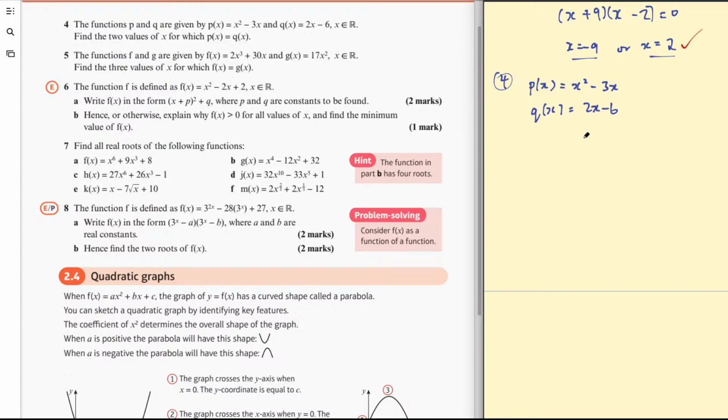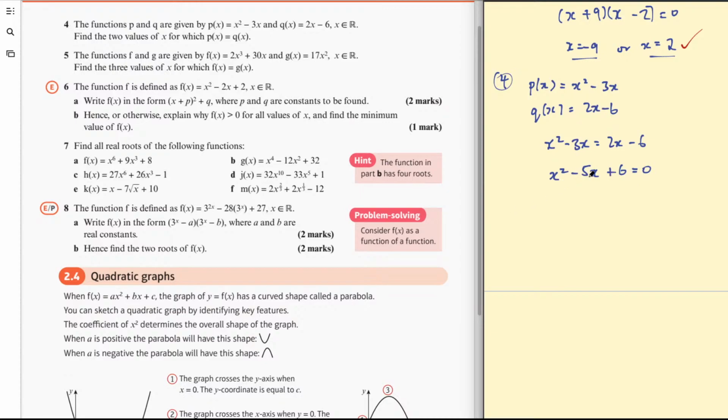Okay, so as I was saying, let's create an equation out of these two expressions. So x squared take 3x equals 2x take 6. And then solve this as you normally would solve an equation. So we want to combine like terms and then have everything on the left hand side. This will be x squared negative 3x take 2x is negative 5x plus 6 equals 0.